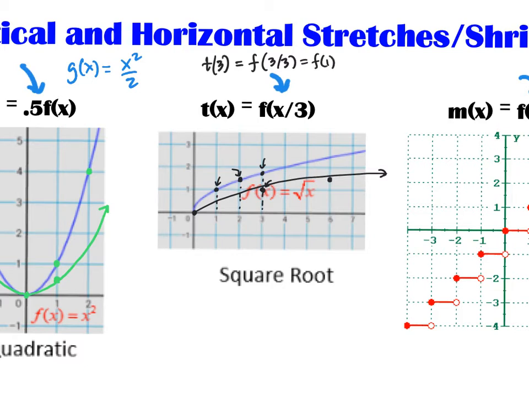T of x is the black graph. Well, t of 3 comes out to be 1, and f of 1 comes out to be 1 as well. So it's true. All I've done is pull it horizontally, and in that way I've reduced the y values by horizontally stretching it.